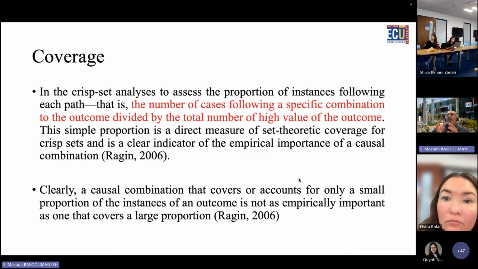So coverage for this specific combination is 17 divided by 51. 17 divided by 51 is 1/3, about 33% or 0.33, right? So the coverage for this specific combination will be 0.33.